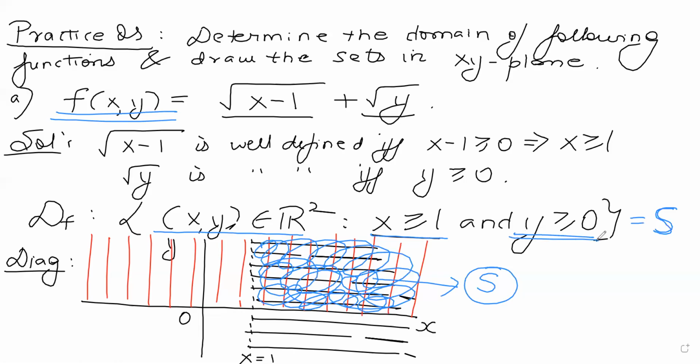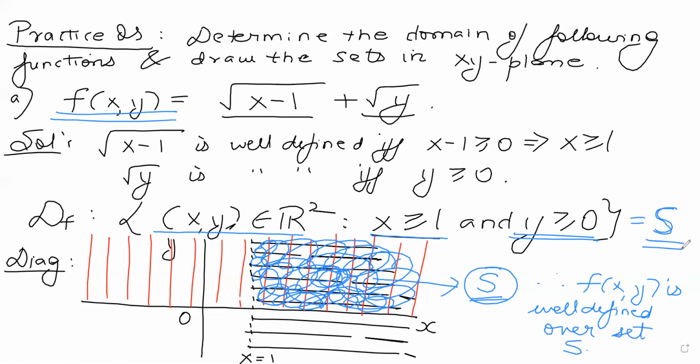And this is the region where the red and the black lines are intersecting each other, which I have shaded in blue color, and we have called it as the set S. So I can say, therefore, f of xy is well defined over the set S, where set S is nothing but the domain of the function. So hoping all students have understood this question and have no doubts.